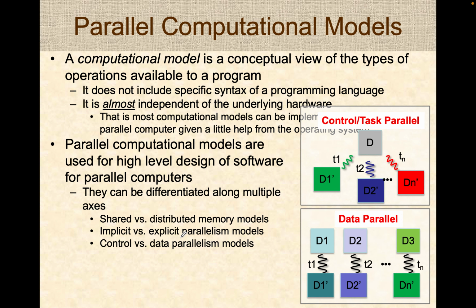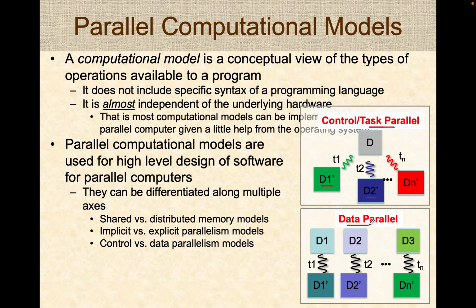The other one could be control or data parallelism, where you could either have task parallelism or control parallelism, where one data item is applied or run by independent threads or processes to perform different types of operations. That means they run different algorithms.